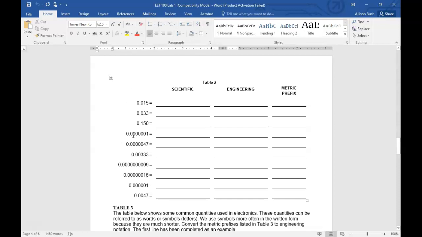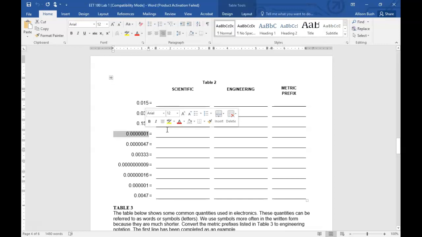So let's look at this guy first. Let's look at that one first. First of all, what would my scientific notation be? Actually, what should be the first thing I do? Something even simpler.